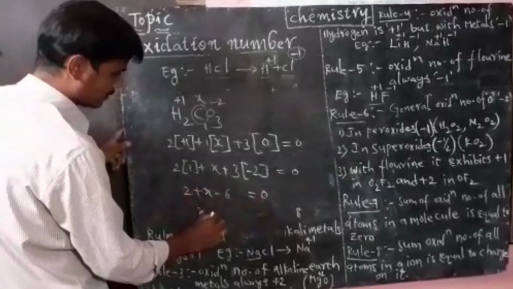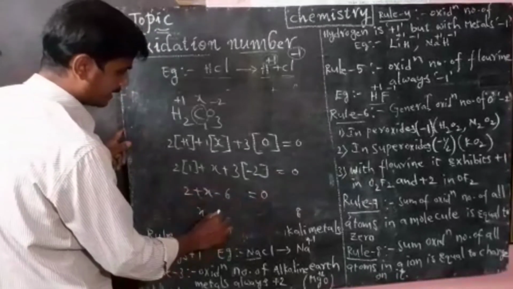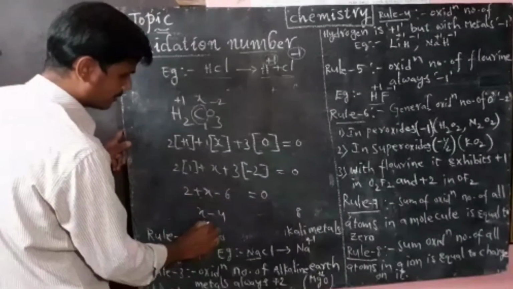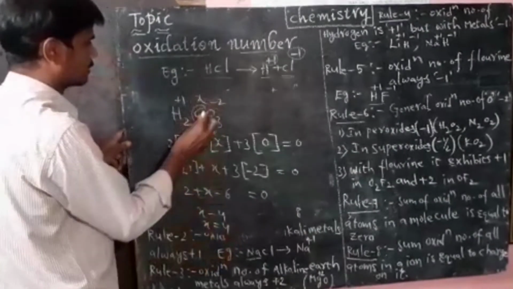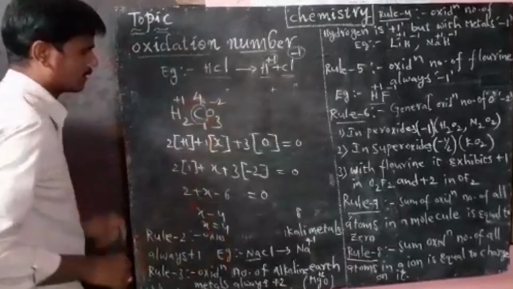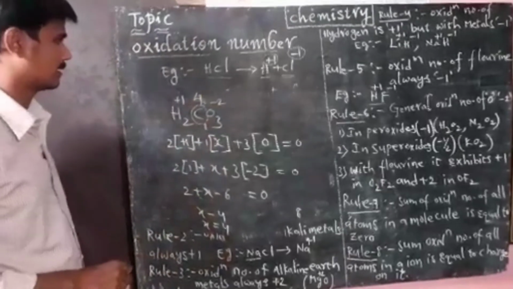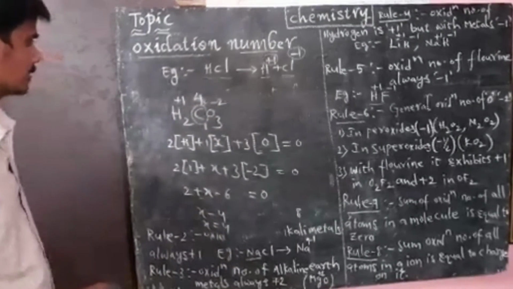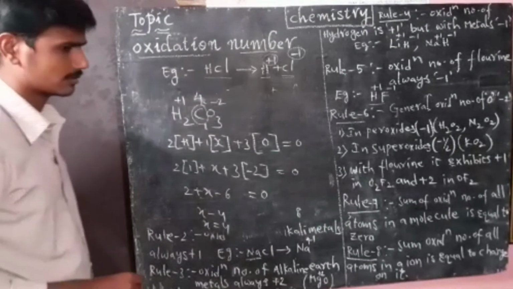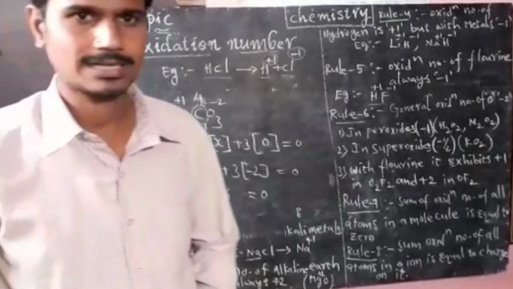So X equals 4. So the oxidation number of carbon is 4. This is the way to calculate the oxidation number.